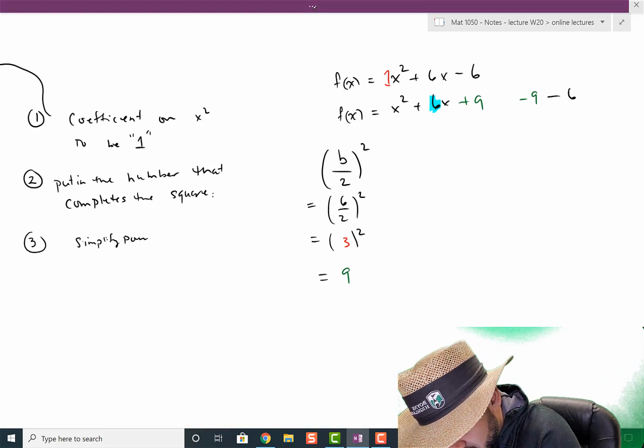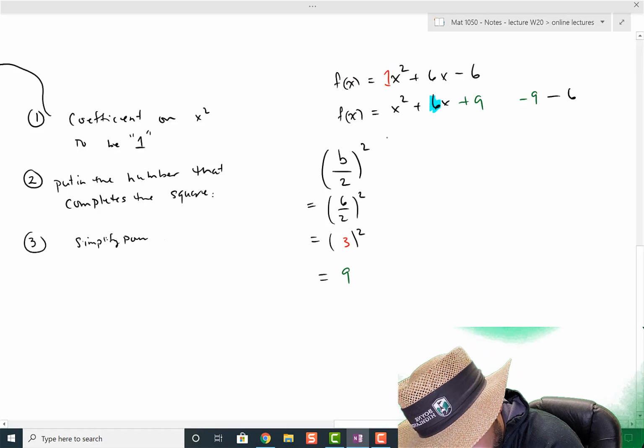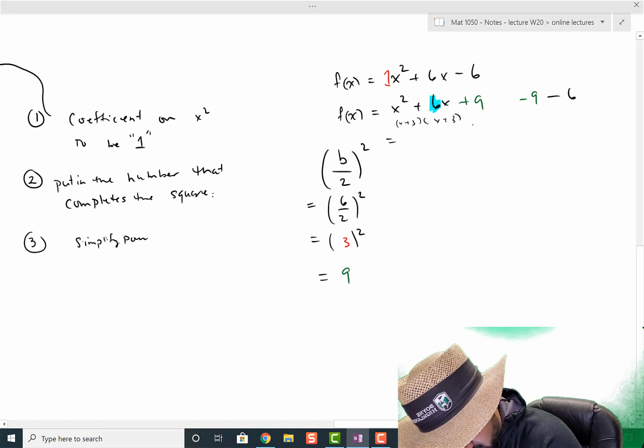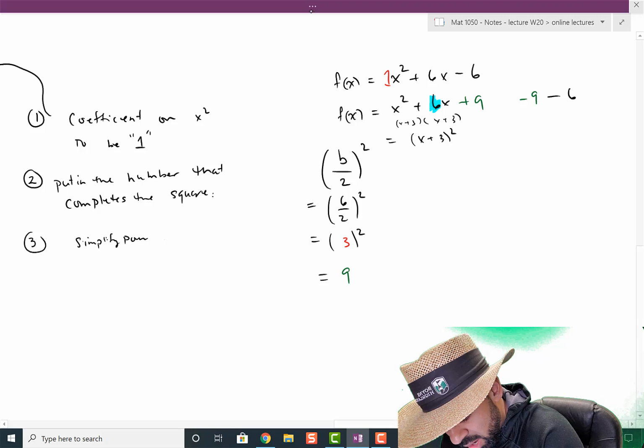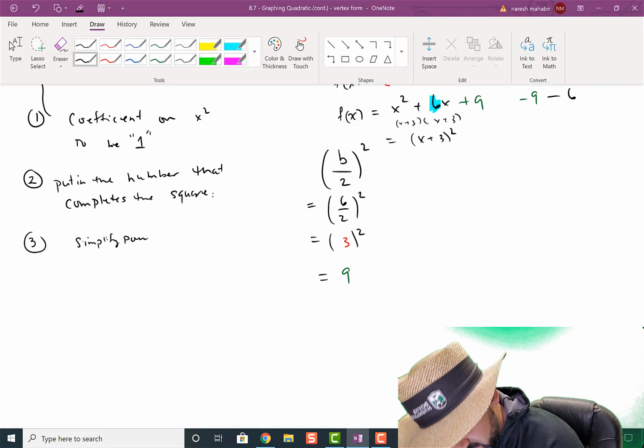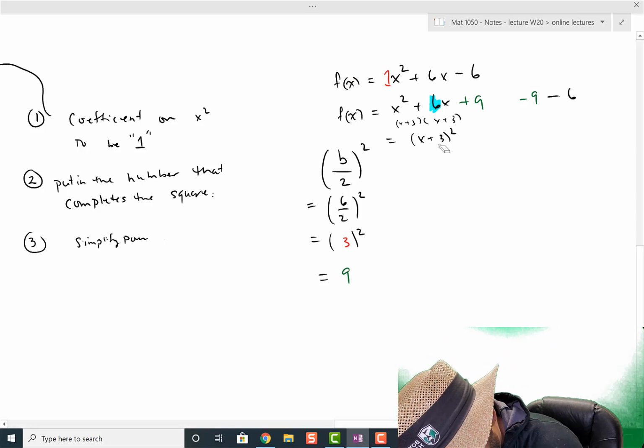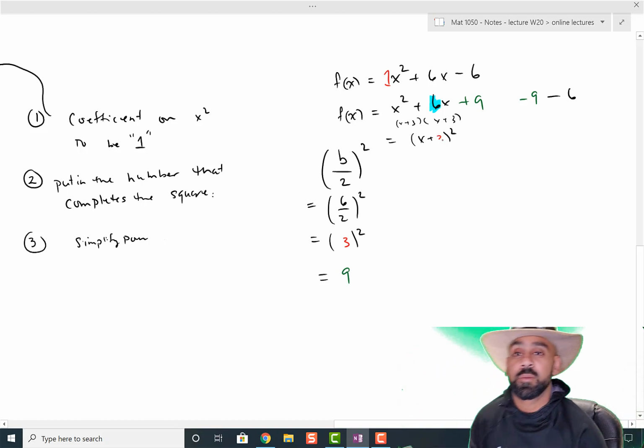Now check this out. This thing, if you factor it, is going to factor into x plus 3 times x plus 3, which is x plus 3 squared. Isn't that cute? Why am I saying isn't that cute? Because this 3 already appeared somewhere else.